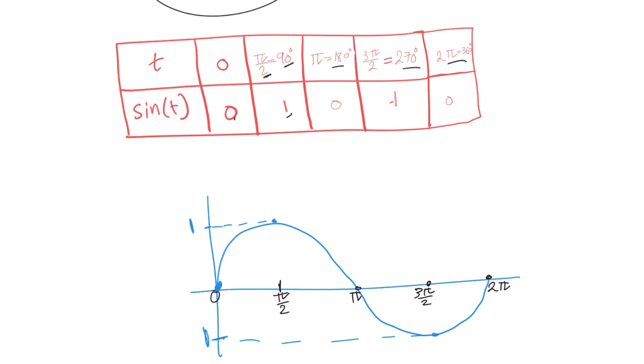Okay, when t is pi over 2 here, the sine t is 1. When t is pi, the sine t is 0, and here it is minus 1, and here 0. So if we plot it, we will get this type of motion.